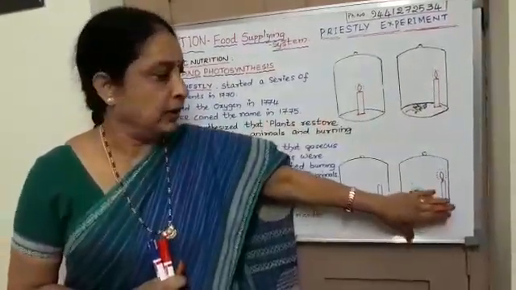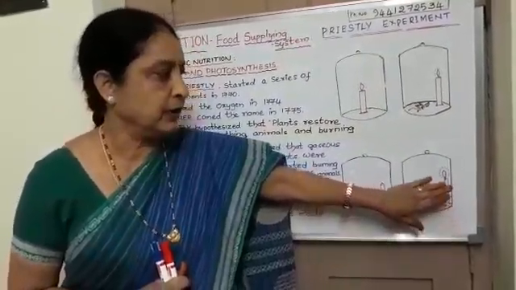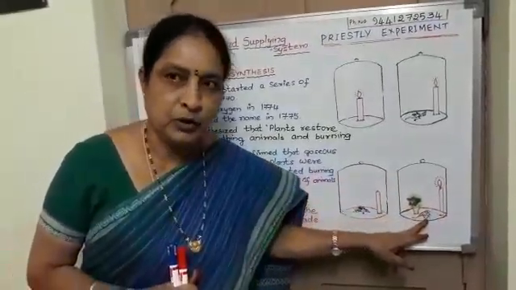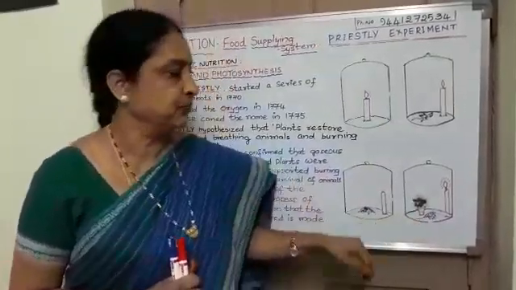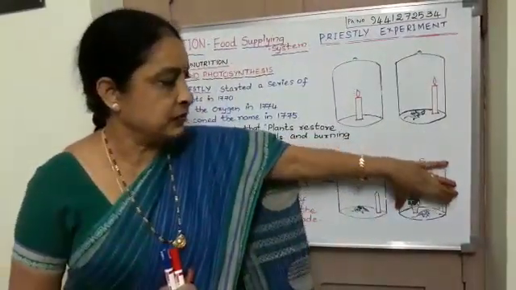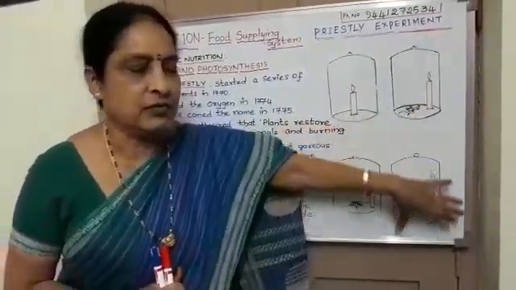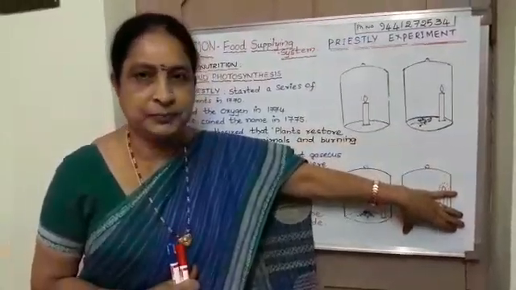And then finally again he used all these apparatus, and he kept the candle lighting and a mouse, and along with them he placed a mint plant also. The bell jar was put over all of it. Now he observed for some time.